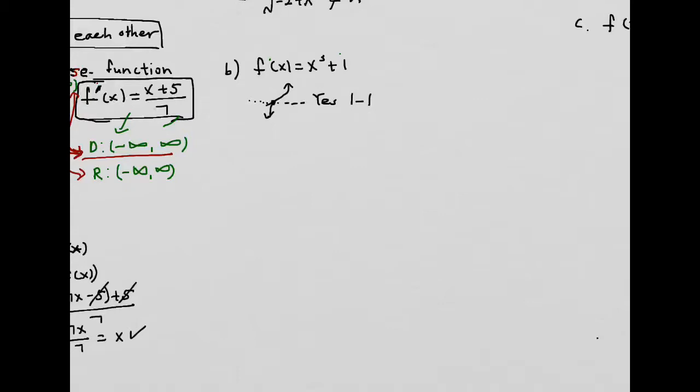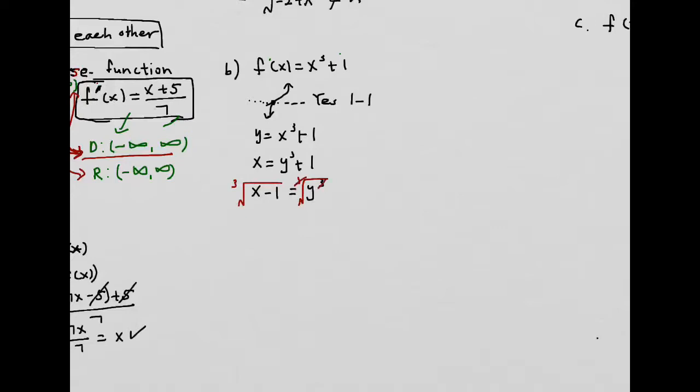Then we're going to write the function notation with variable y. Next, we're going to switch x and y places, so y becomes x and x becomes y. Once you switch, you're going to solve for y. So you're going to subtract 1, and then get rid of the cube by taking cube roots on both sides.